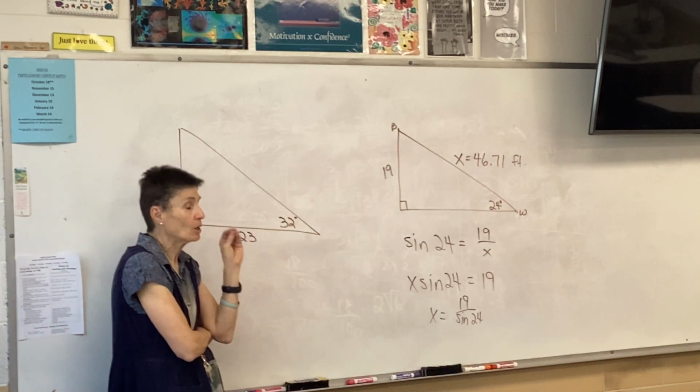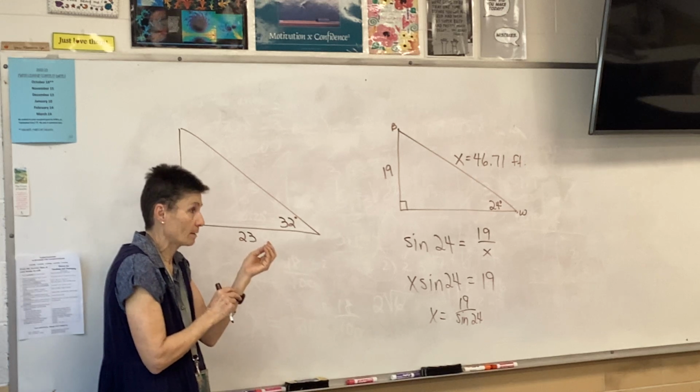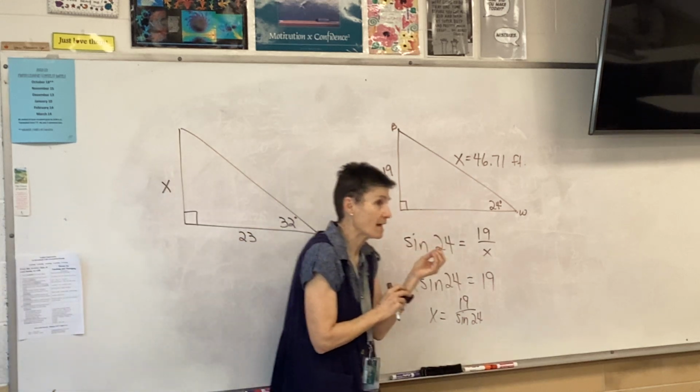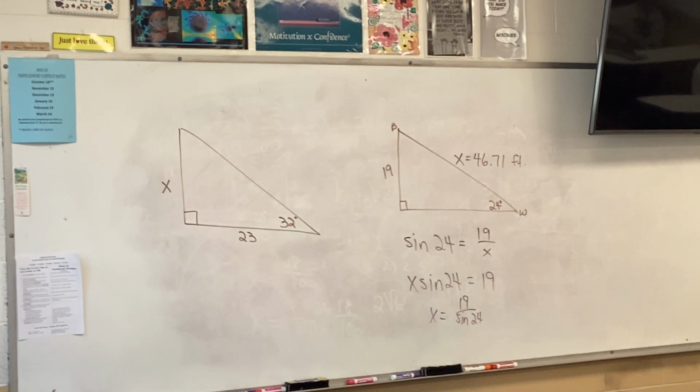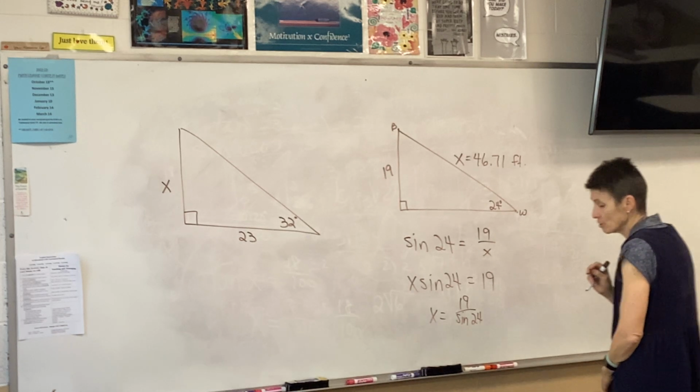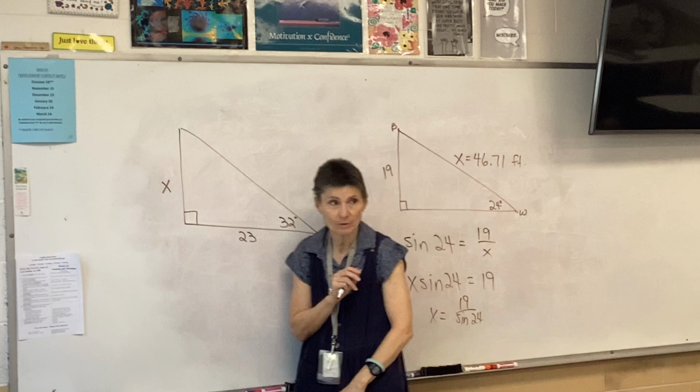The shadow is 23 feet long, okay? That's what it says. So pretend I'm standing outside. Where is my shadow? On the ground. Isn't that where your shadow is? Your shadow's not up here, right? The shadow's on the ground. So you want to make sure that you put your 23 down there on the ground.